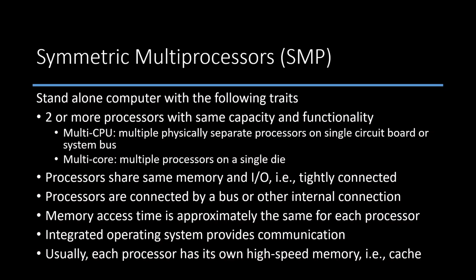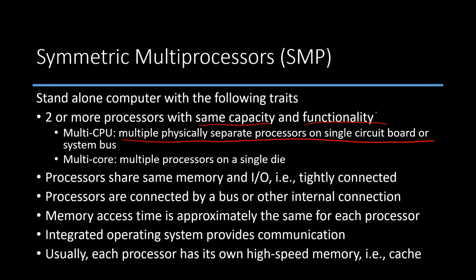So let's talk a little bit about symmetric multiprocessors and what makes them symmetric. Well, first of all, one of the most important things that makes them symmetric is the fact that each one of them is physically separate, but they have the same basic characteristics, the same capability, the same capacity, same functionality.